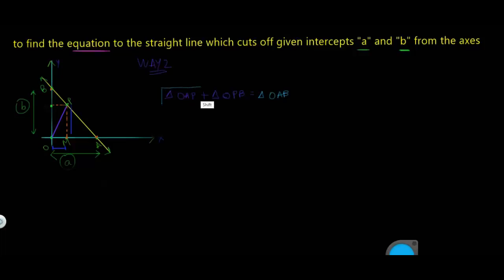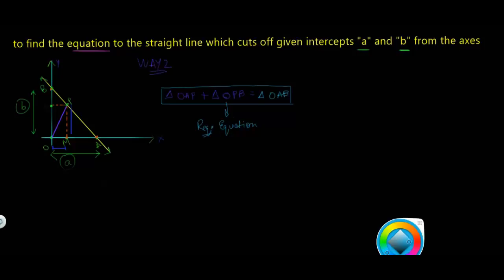This is another equation. Using this we can obtain the required equation, and we already know what the required equation is. I'm going to write it here: x divided by a plus y divided by b is equal to 1. So this is our required equation. Now how do we obtain this equation from there?